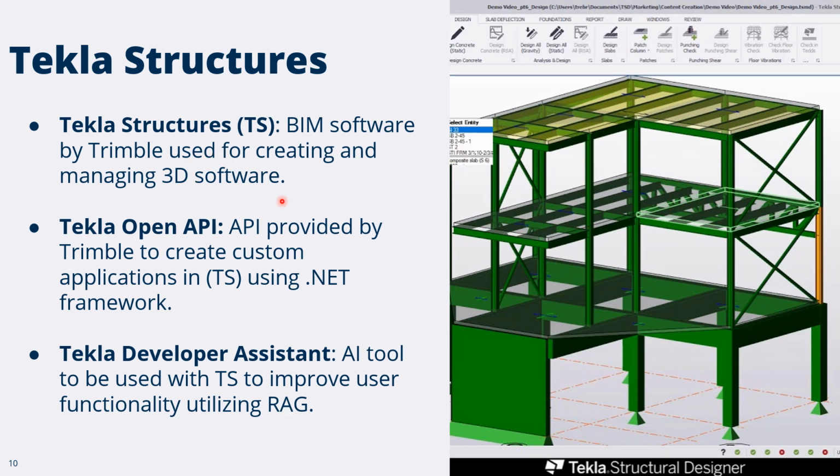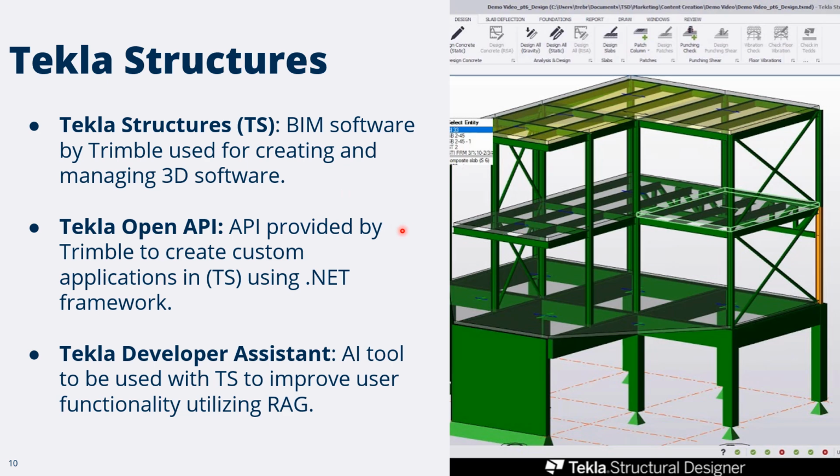So, the setup. For my thesis, I've used Tekla Structures, which is a popular BIM software owned by Trimble for creating and managing 3D models. We also use the Tekla Open API, which is an API created by Trimble to create custom applications in Tekla Structures using the .NET framework or C#.